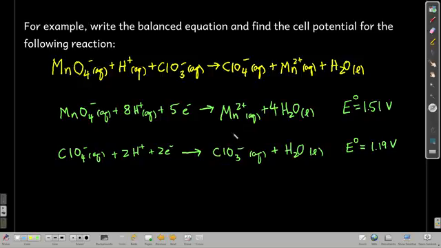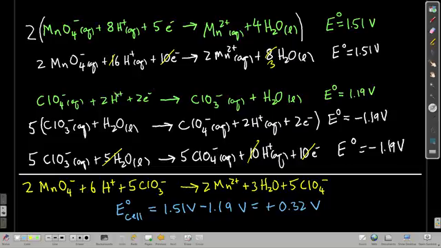Find the two half reactions, then look at the two half cell potentials. Whichever is least positive, in this case this one down here, you're going to flip it, change the sign, and then multiply through so you get the same number of electrons in each half reaction.